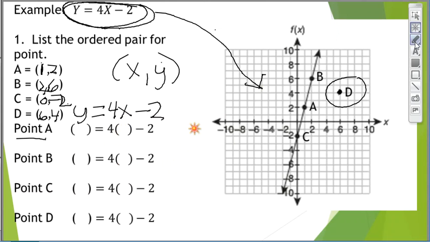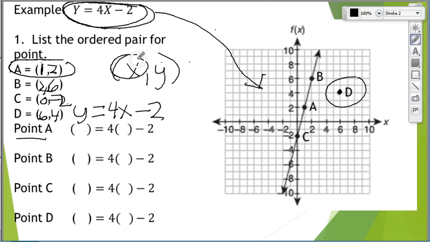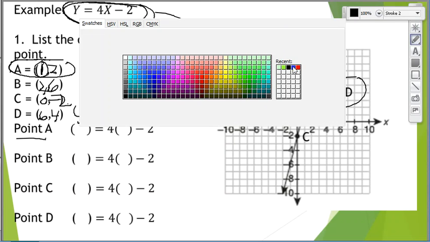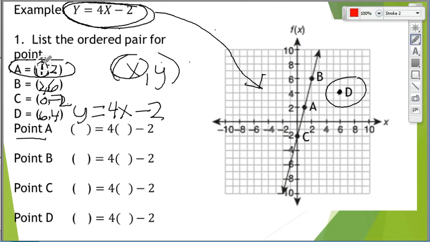Okay, so for point A, we know that point A is on the line y equals 4 times x minus 2. We know that the x-coordinate for point A is 1. So instead of the x in our equation, and I'm going to go ahead and do this in a different color here, we are going to replace that with a 1.